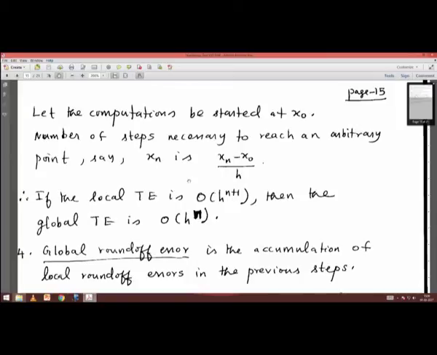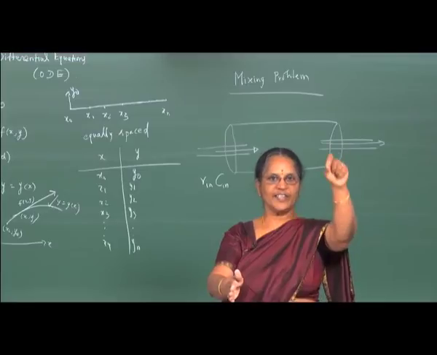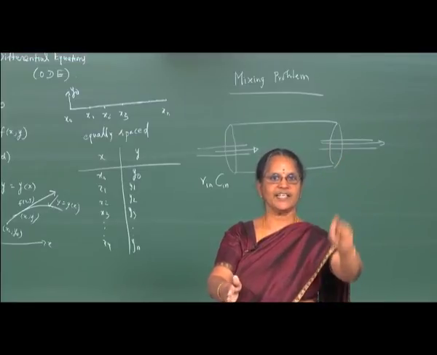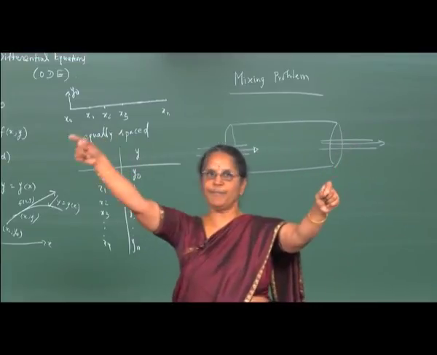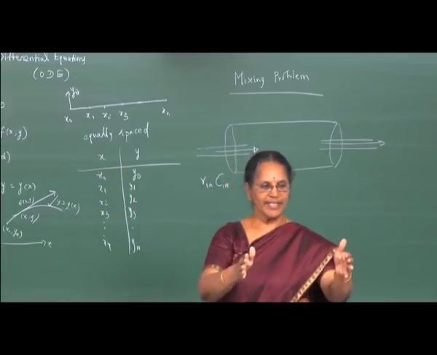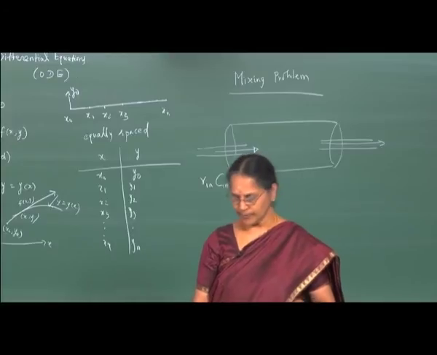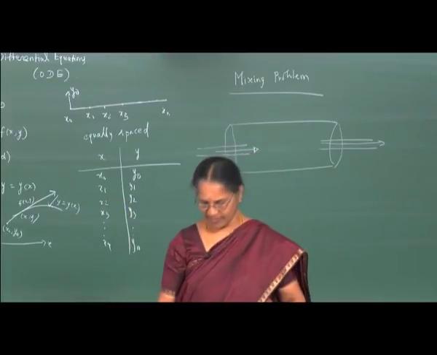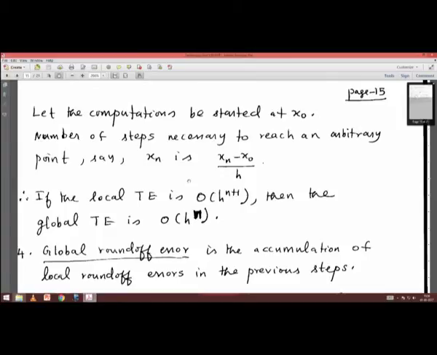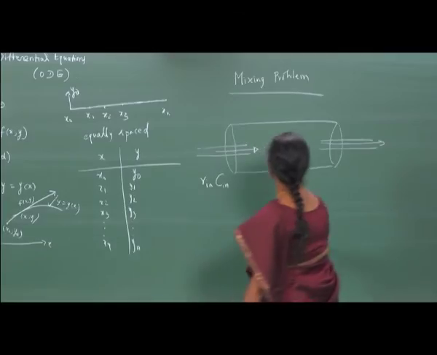Suppose you are interested in getting the solution to this initial value problem in an interval of the form x naught to some b. So, you will divide this interval x naught to b into a number of subintervals. So, let us see how we do it.